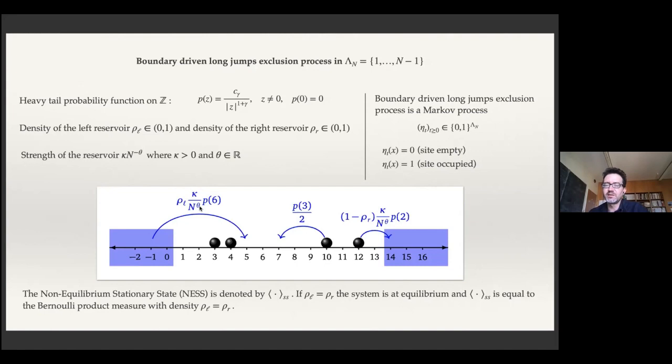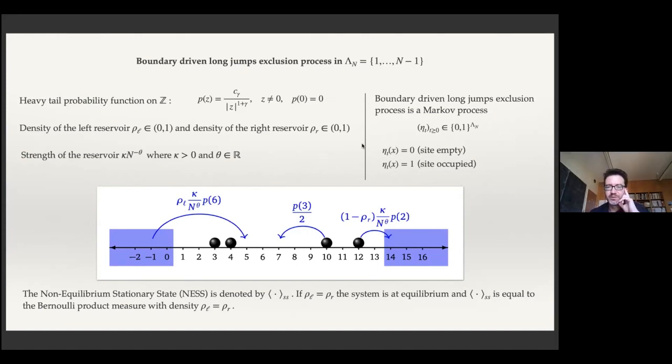They don't inject and remove particles with a lot of intensity. If theta is 0, then it is just the usual case. And if theta is strictly negative, it means that the reservoirs are very active. They are injecting or removing particles with a very high intensity.